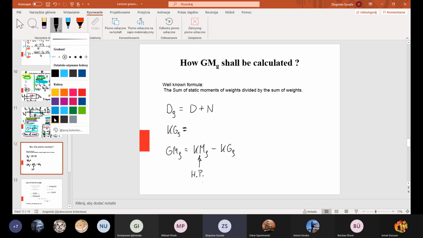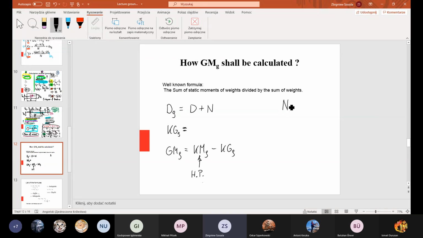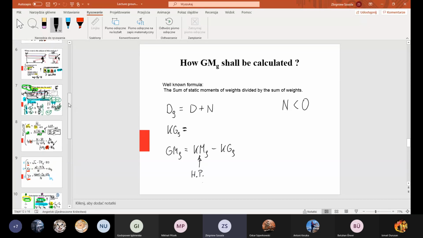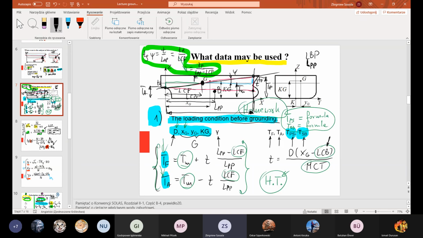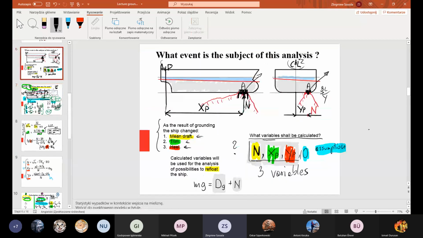Maybe at this stage I should stress that N as a variable is less than 0, is negative. Maybe it helps you to understand this formula. The force is negative as a number. Why is it negative? Because the force acts upwards.